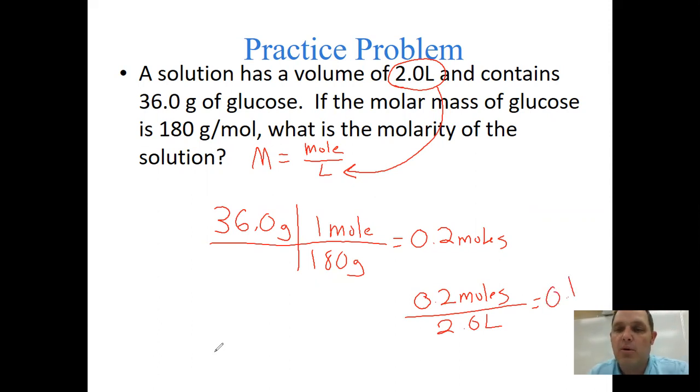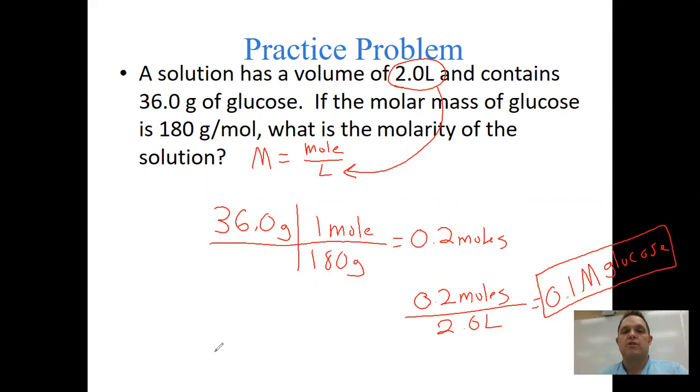And let's label this correctly. You could do moles over liters, or now that we know this term, we're going to use big M, and then we would write glucose on the end of it for a perfect label. So that's the concentration of glucose. We do these concentrations a lot.